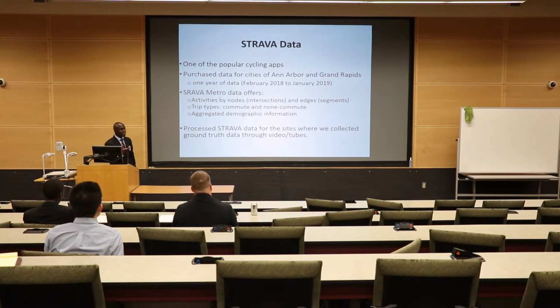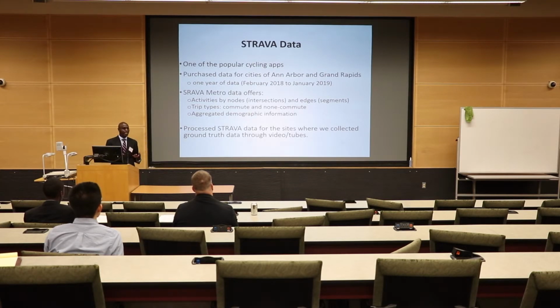And the Strava data, when you look at those data, they give you activities by nodes. So each intersection, they give you information of how many cyclists passed that intersection in a given time period. And they give you information about how many cyclists were using the Strava app when they were riding on a segment.